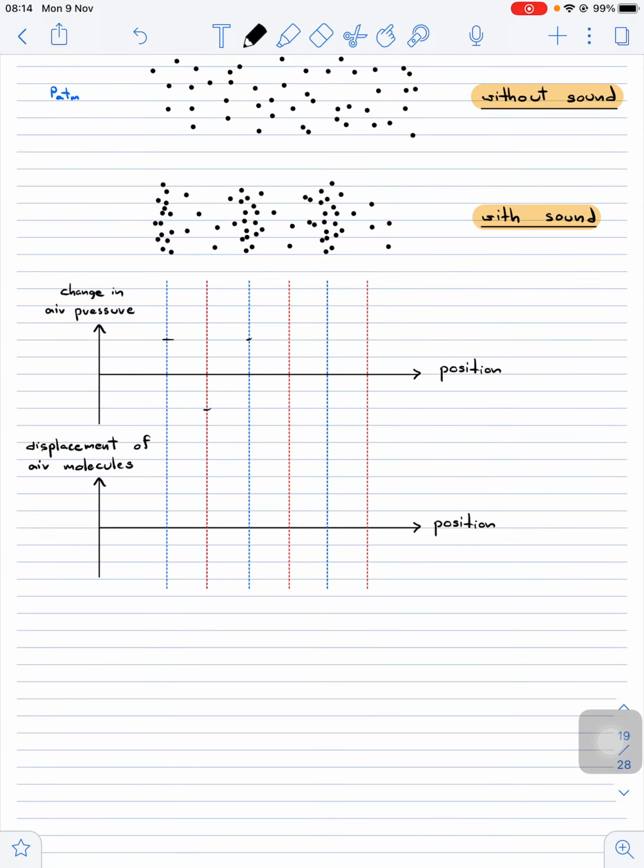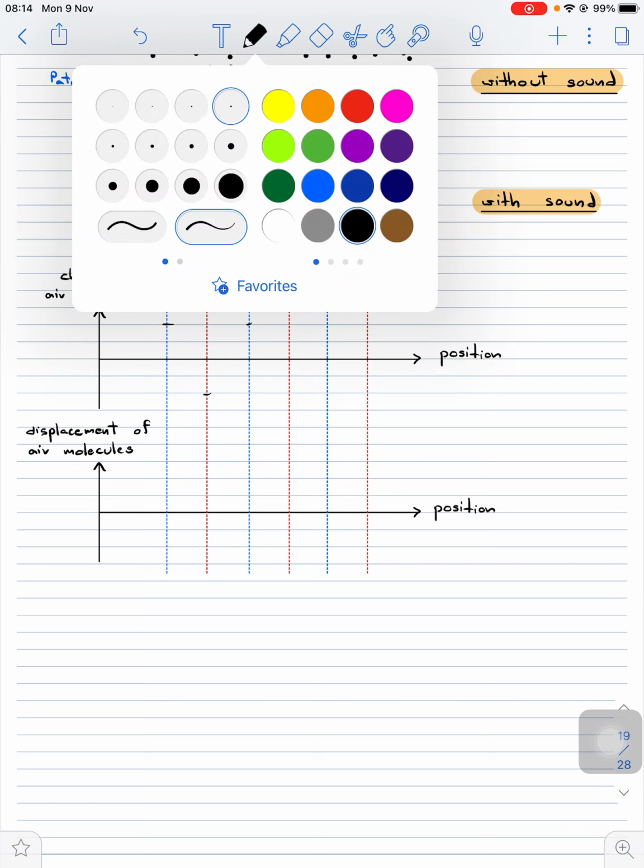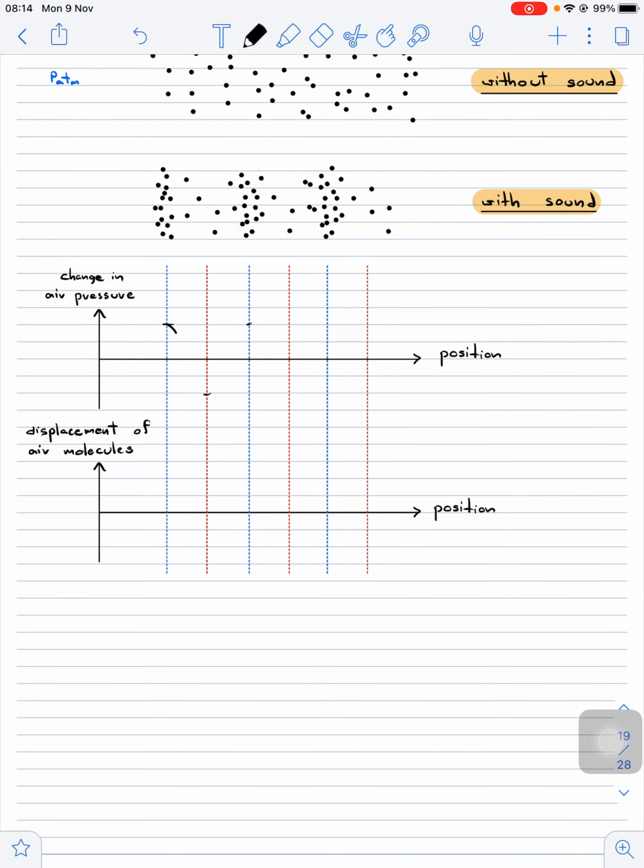Then the graph should look just like this.